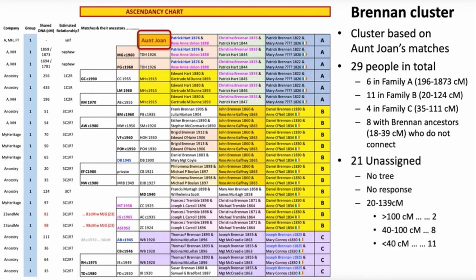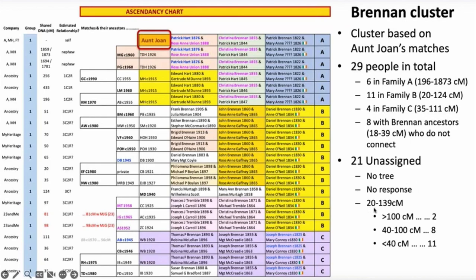Now, there's another very important point to make about this cluster, and that's the fact that there are 21 other matches in this cluster who match Aunt Joan, but they don't have a tree. There's no response when I message them.